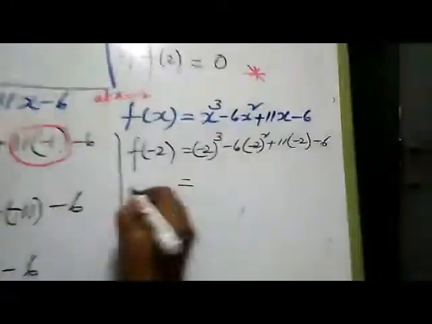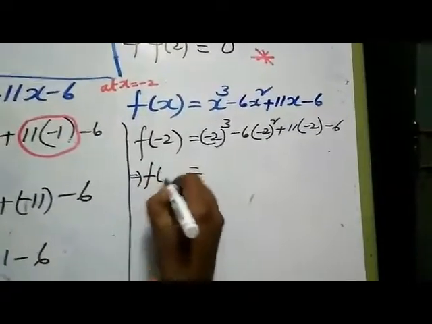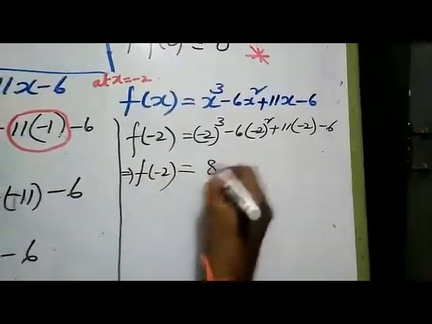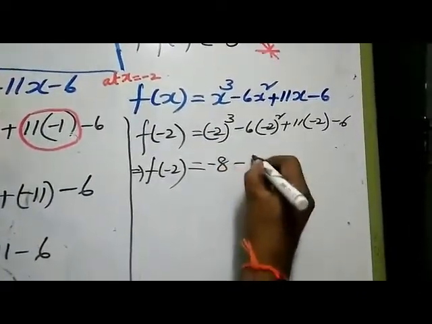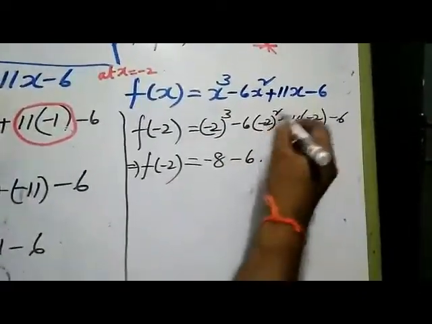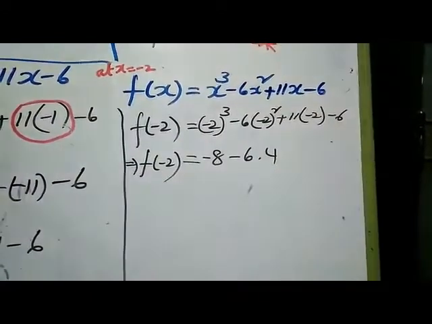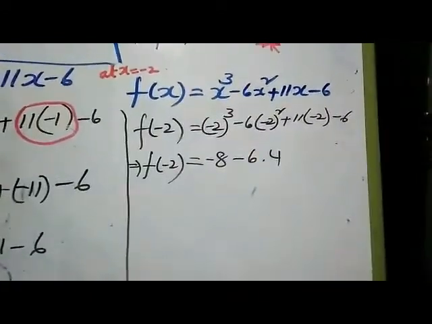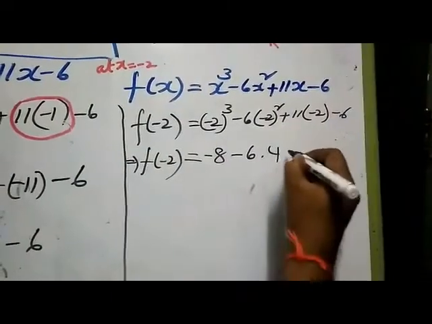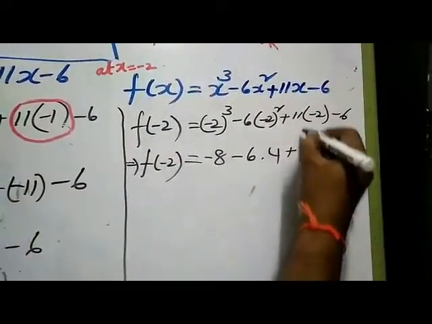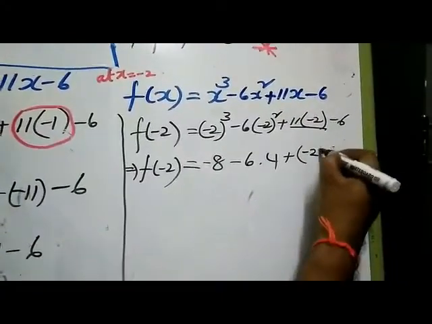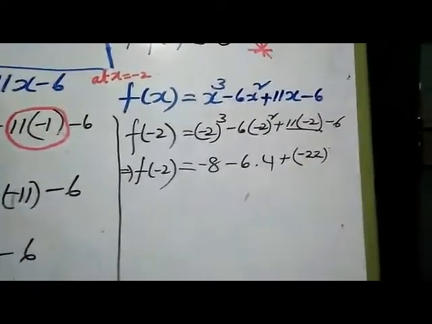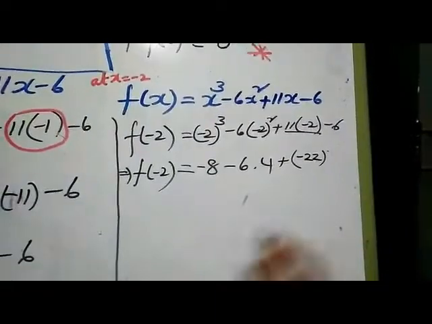That is f of minus 2 is equal to minus 2 whole cube is equal to minus 8, minus 6 into minus 2 square is equal to 4, plus 11 into minus 2 is minus 22, minus 6.